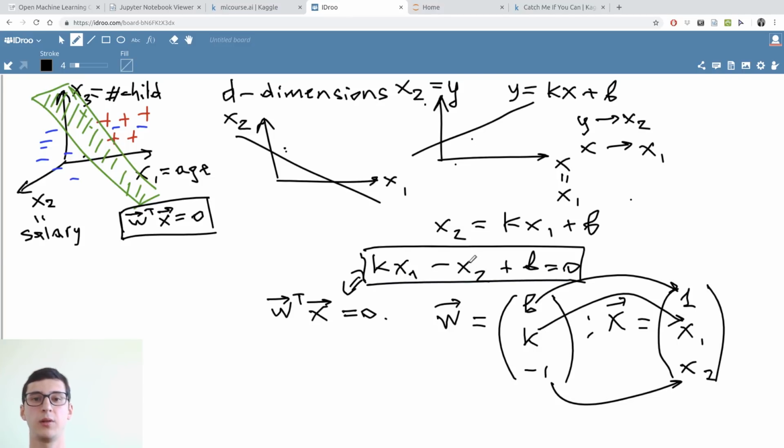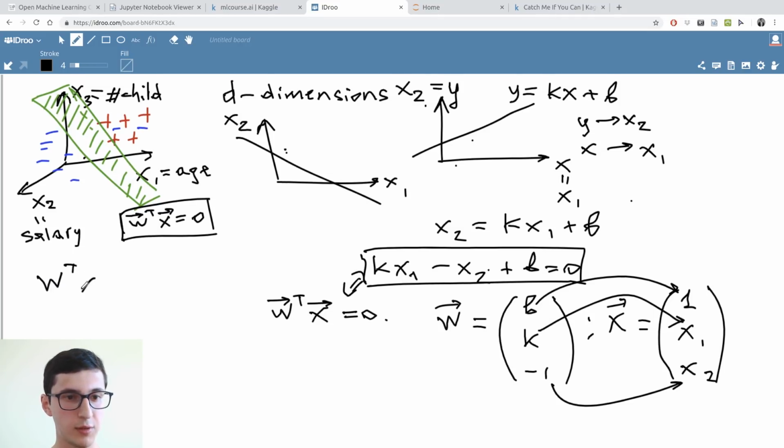So a simple line described by an equation y equals kx plus b, what we know from school, it's a special case of an equation W transposed x equals 0. And then if we go to higher dimensions, we've got W transposed x equals 0.